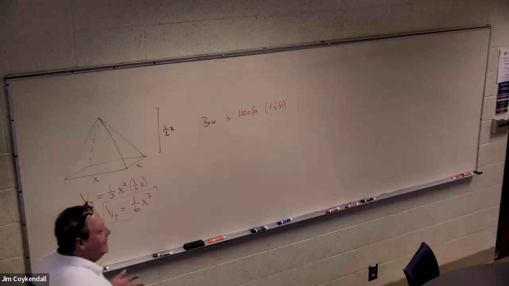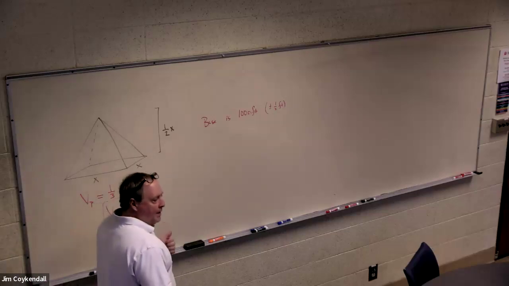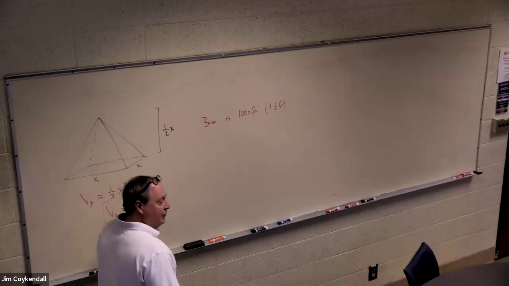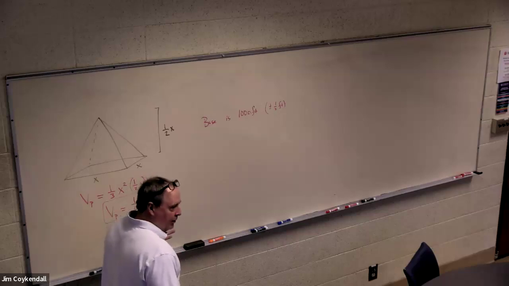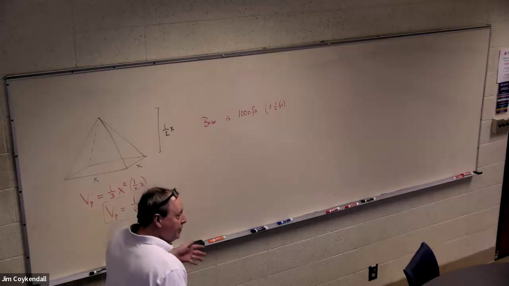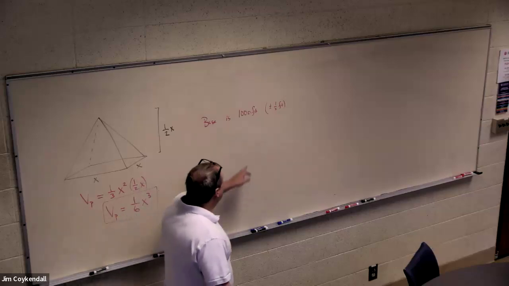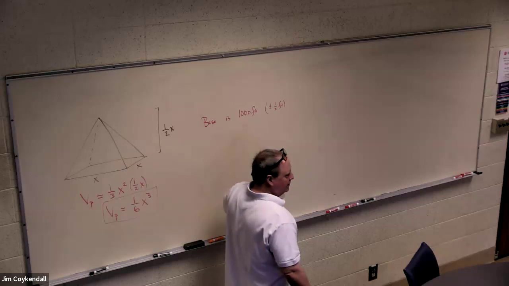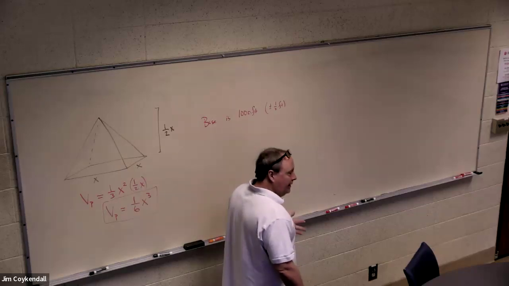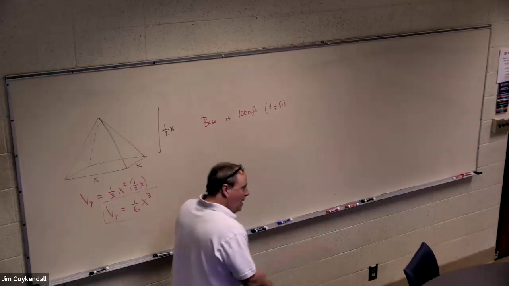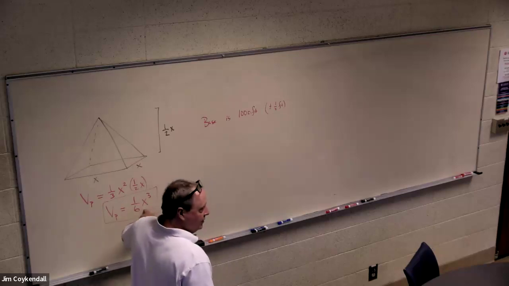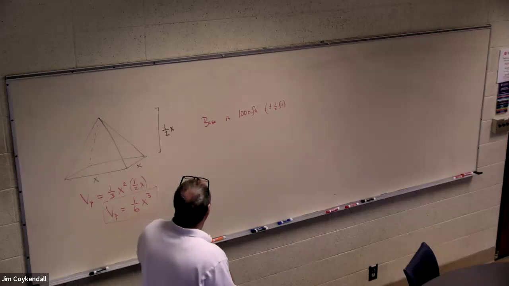If somebody asks me what's the volume of the pyramid, I'm going to stick 1,000 in there for X. But I could be wrong, because maybe this is 1,000.5 feet, or maybe it's 999.5 feet. It could go either way, and that's going to change what I get here.